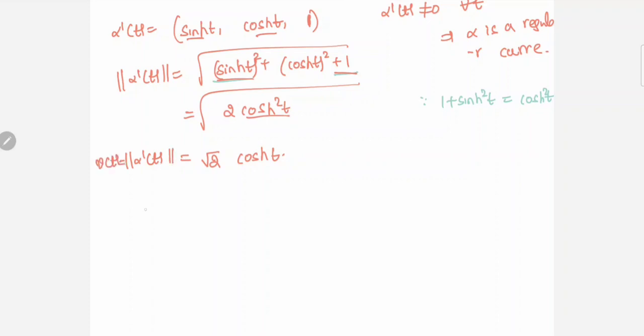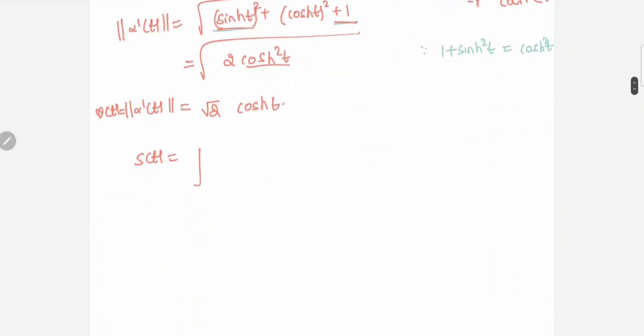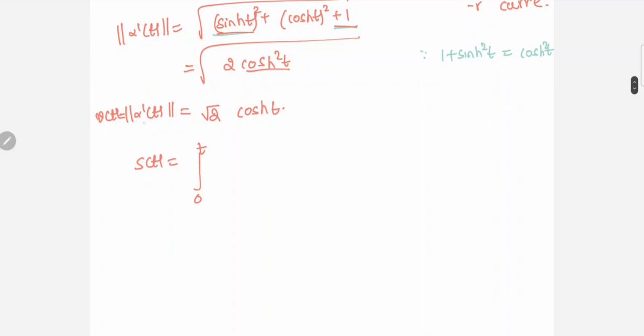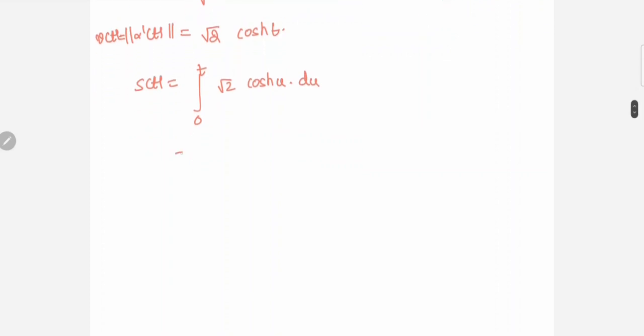Now using this, the arc length function s of t is equal to the integral from 0 to t of the norm of alpha dash of u, which is root 2 cosh u du. Taking root 2 outside because it is constant, we integrate cosh u from 0 to t.